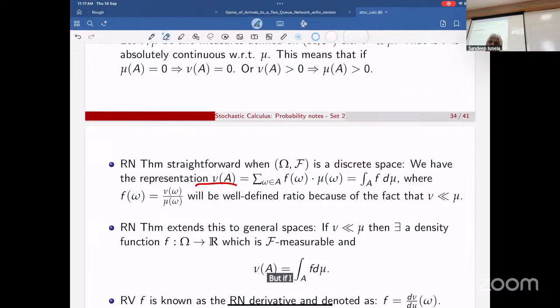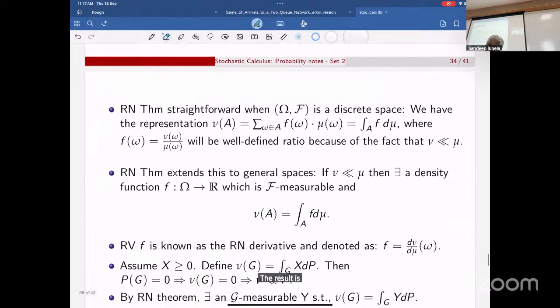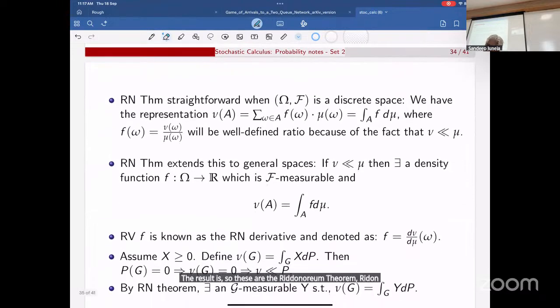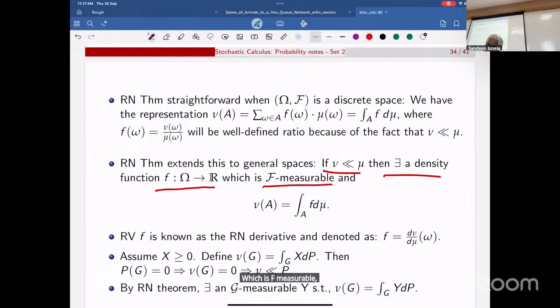The Radon-Nikodym theorem extends this to general spaces. If nu is absolutely continuous with respect to mu, then there exists a density function f. It's basically a random variable, which is F-measurable, such that nu of A is the integral over A of f d mu for all A. The random variable f is known as the Radon-Nikodym derivative, denoted d nu by d mu of omega, the likelihood ratio.